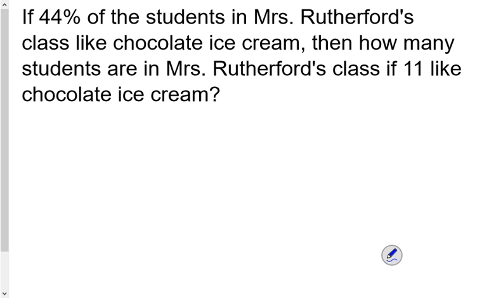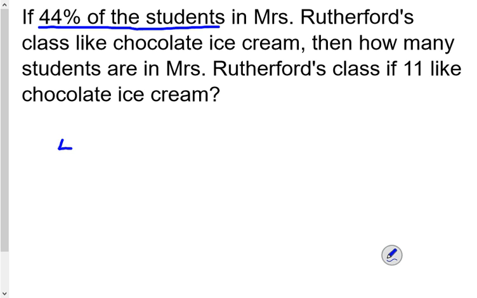One more example. If 44% of the students in Mrs. Rutherford's class like chocolate ice cream, then how many students are in Mrs. Rutherford's class if 11 like chocolate ice cream? So it says 44% of the students like chocolate ice cream.